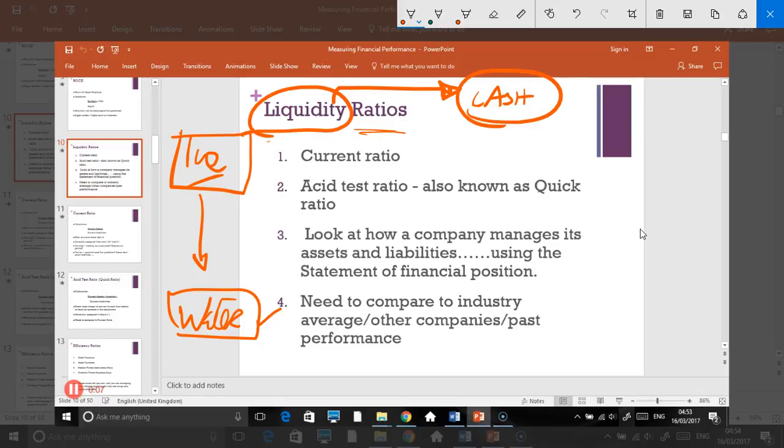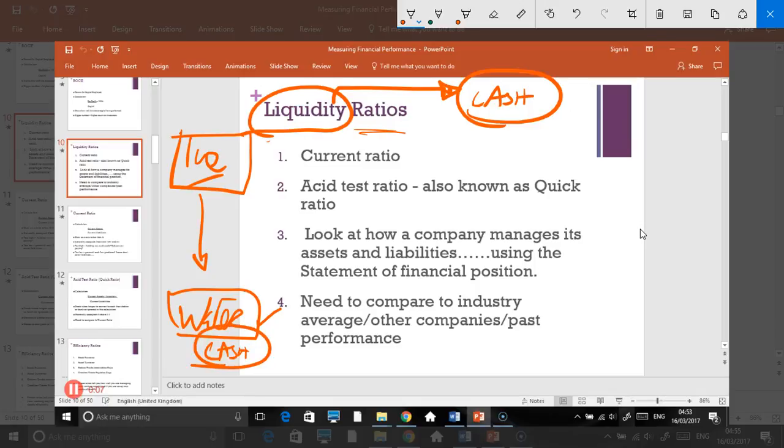In the short term, you need to pay anyone you owe. So the question is, what assets do you keep in the short term that can be turned into money or cash quickly? That's really the issue here.